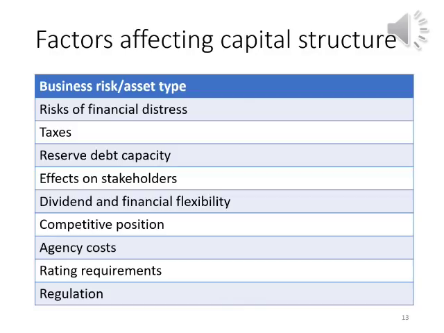Agency costs. This refers to the costs of intermediation and administration to do with borrowing money or raising equity. Rating requirements. Often companies will be rated by rating agencies, and this will have an impact on the cost of their debt and the amount of debt they can raise. Regulation, there may also be regulatory issues affecting the capital structure of the company. For example, in the banking sector, this is very much regulated.